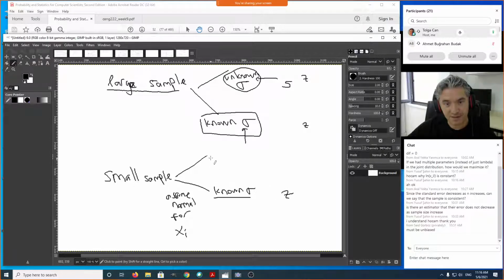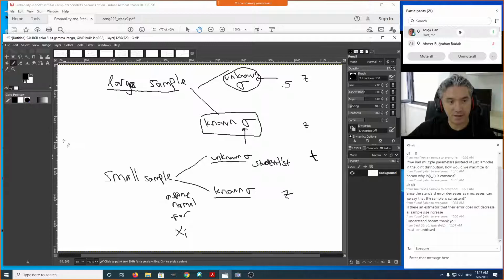Now, this fourth case, when we have small samples but with unknown standard deviation: you have small samples and we don't know how variable our data points are. In that case, you're going to see a new distribution, which we call the Student's t distribution, and we're going to use a different table, a Student's t table.